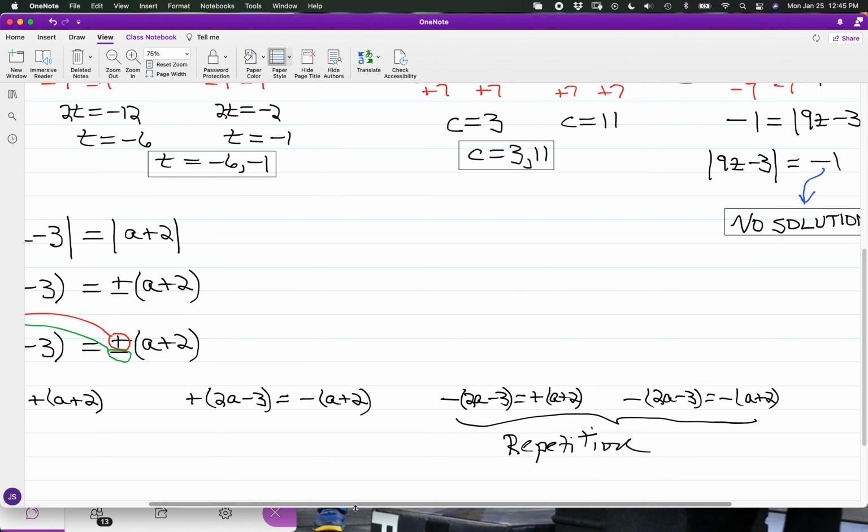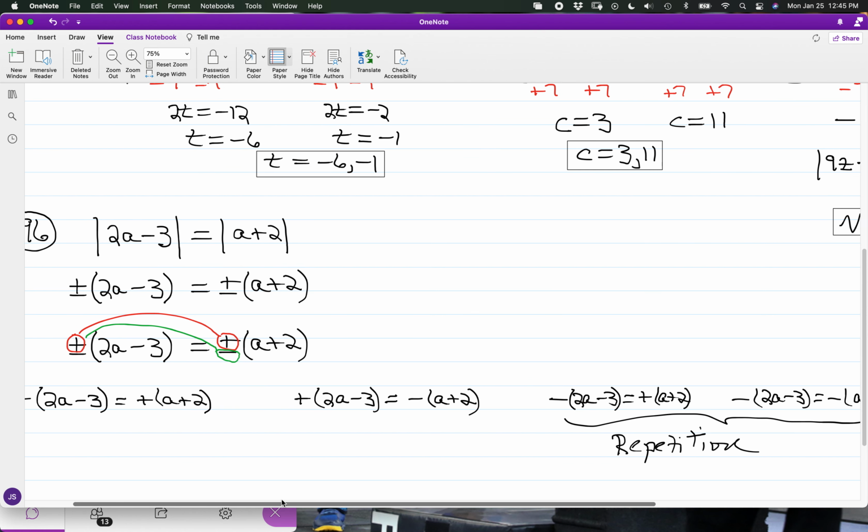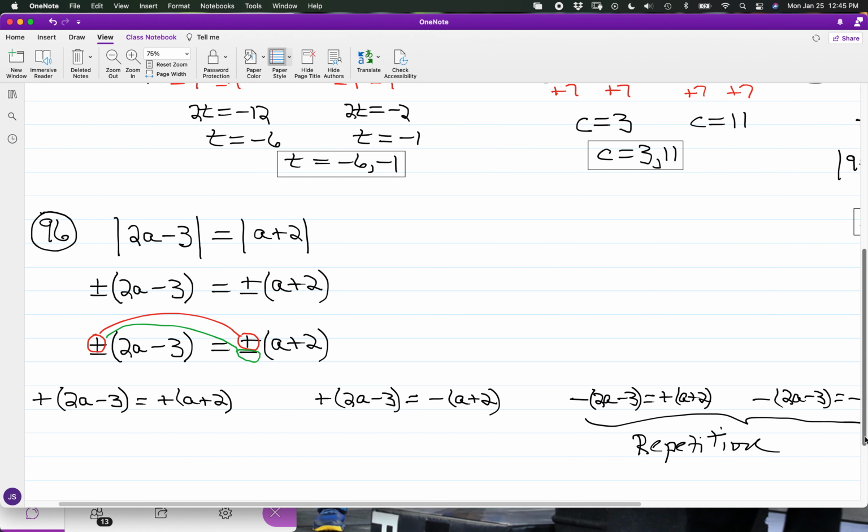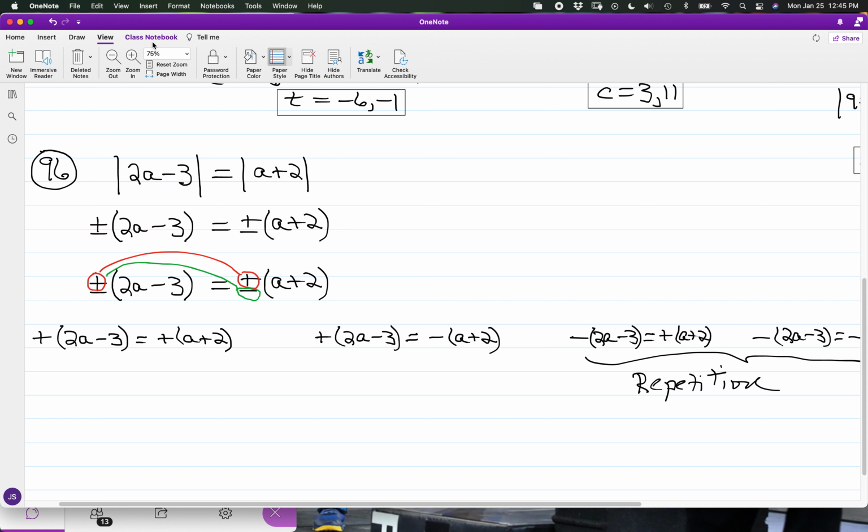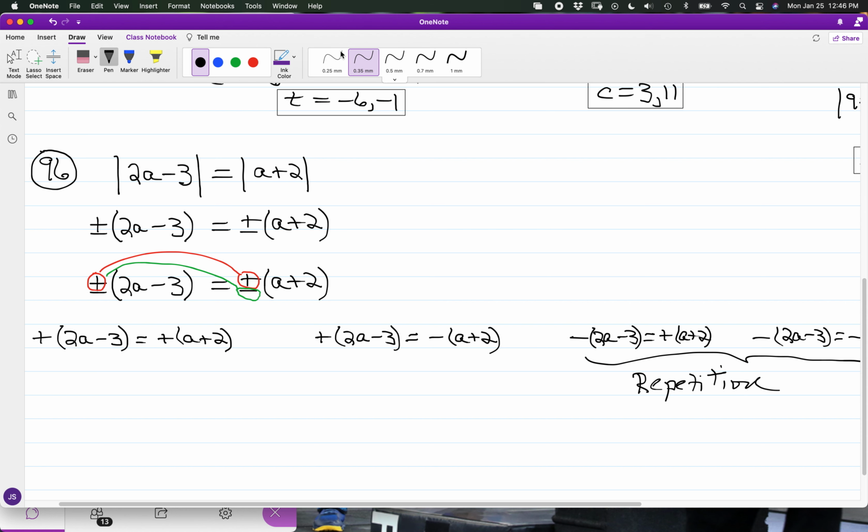Okay. And so just working what we have here, for the first, no sign changes here. So you have 2a minus 3 is equal to a plus 2.